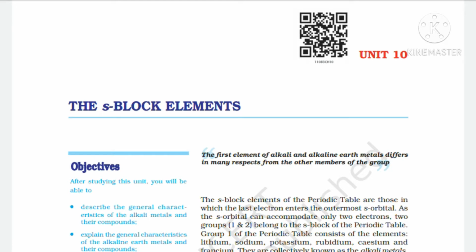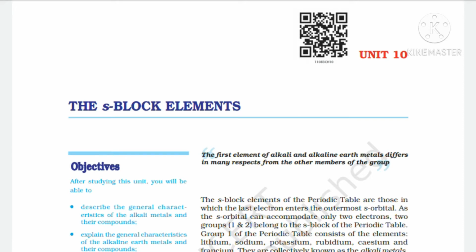After studying this unit, you will be able to describe the general characteristics of the alkali metals, alkaline earth metals and their compounds; explain the general characteristics of the alkali and alkaline earth metals and their compounds; describe the manufacture, properties and uses of industrially important sodium and calcium compounds including Portland cement; and appreciate the biological significance of sodium, potassium, magnesium and calcium.